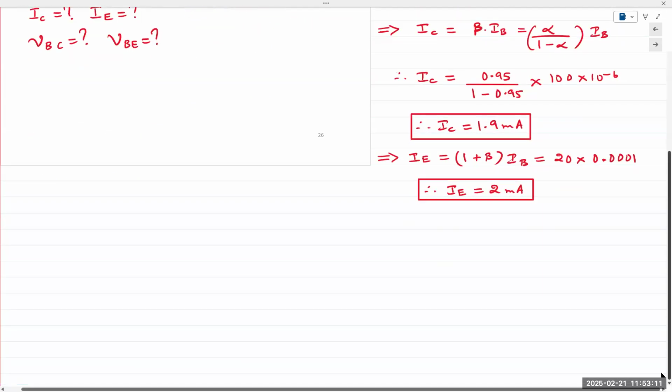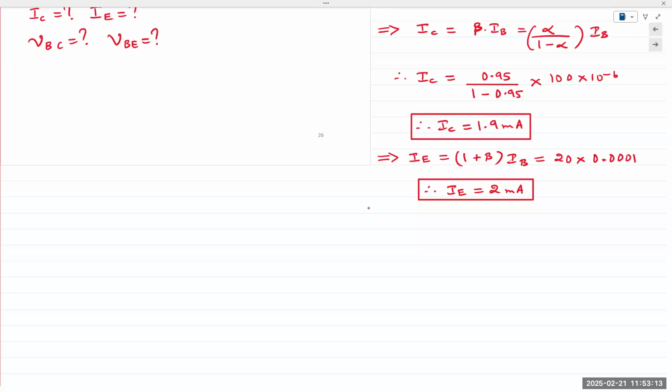And now that we have that, let's use it to find VBE. From our previous equations, we can find VBE as VT times the log of IC over IS.